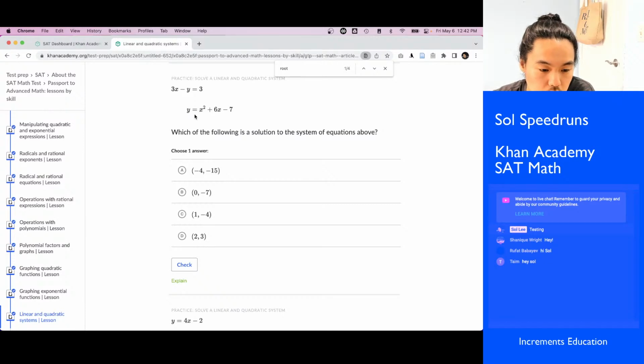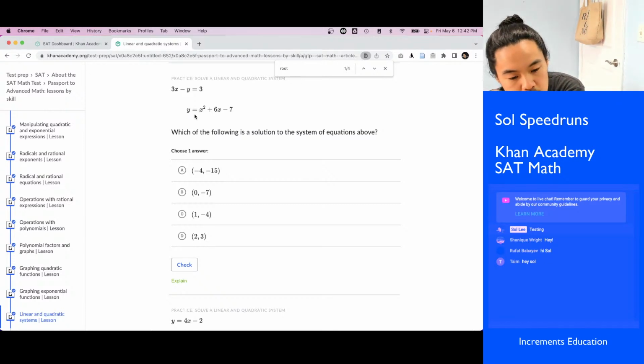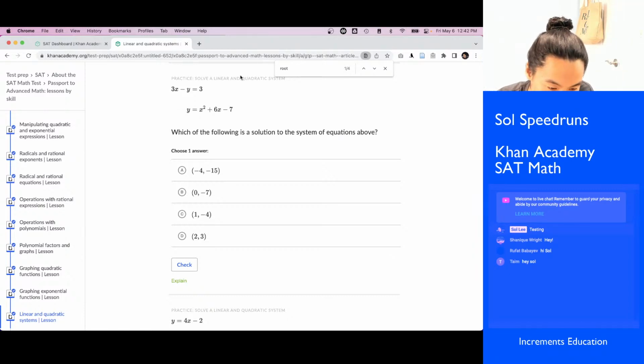Then I do 0 is equal to x squared plus 3x minus 10, and that's x plus 5 times x minus 2. So then I'm looking at a 5 or a 2.